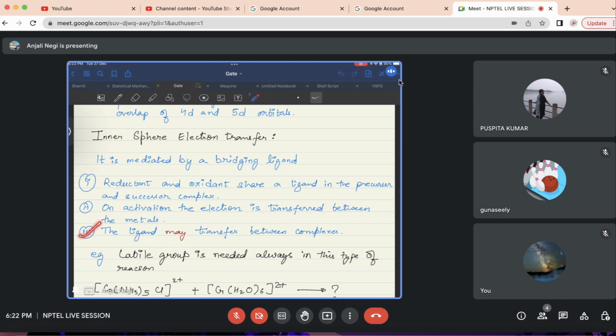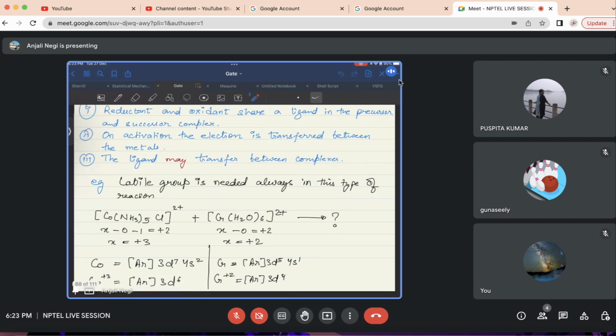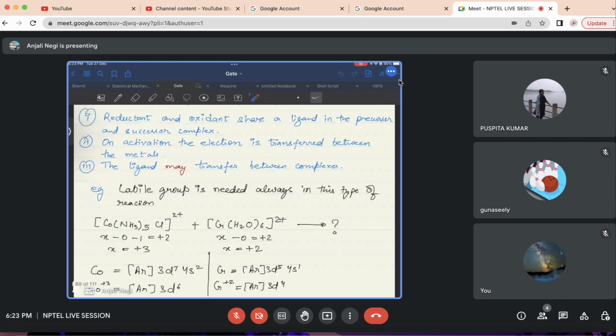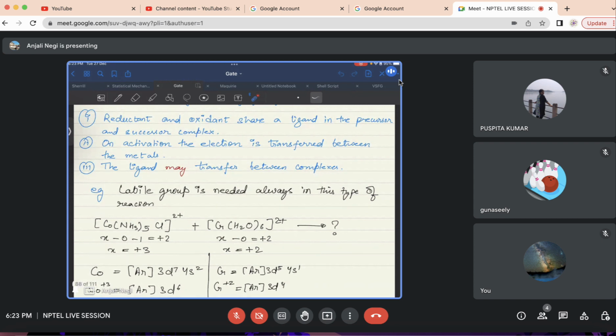The third point means that the ligand may break the bond with the first metal that it was attached to before the electron transfer, and it may get transferred to the other complex metal and form a bond there. Okay. So some kind of labile group is always needed in this type of reaction. I hope you know the meaning of labile group.